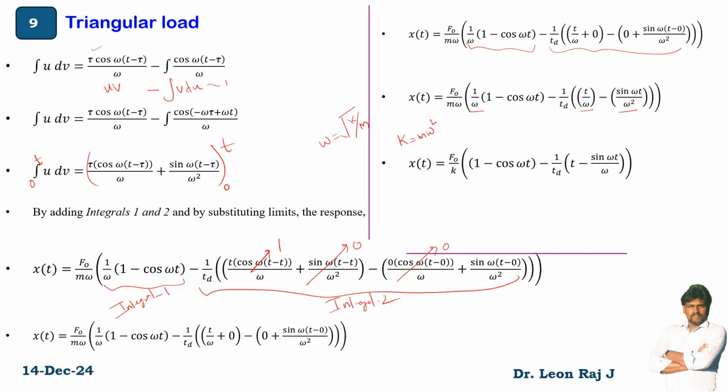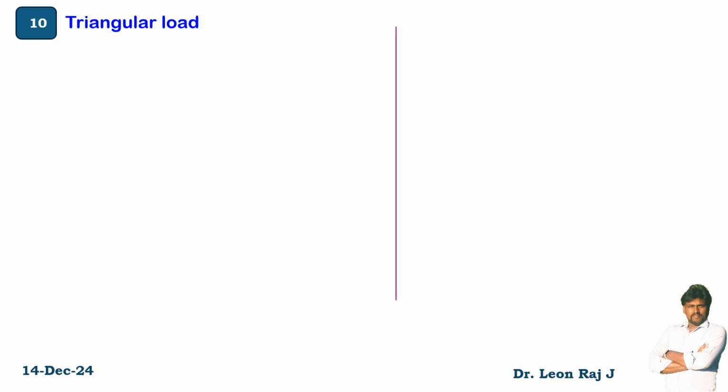Just substituting this formula, x of t equals f0 by k (1 minus cos omega t minus 1 by td (t minus sin omega t divided by omega)), which is further rewritten as 1 minus cos omega t plus 1 by td (sin omega t divided by omega minus t). Just we take the minus outside.